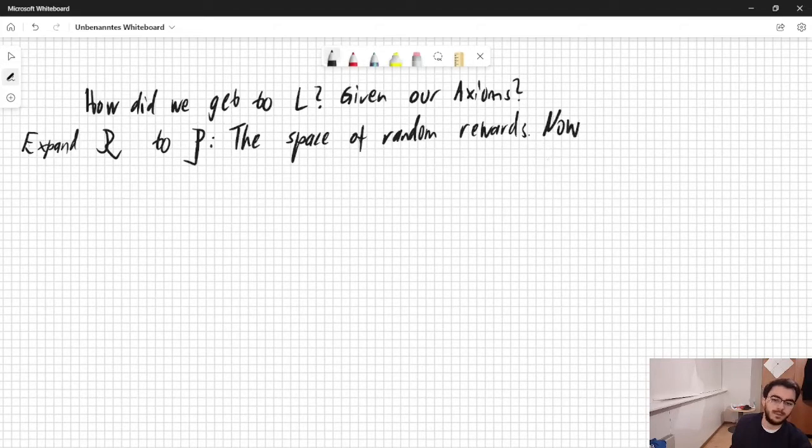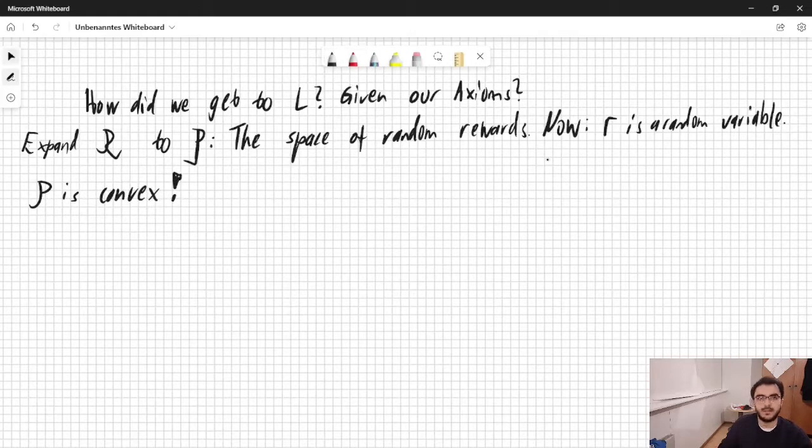Now, unless I state otherwise, we're looking at random variables. So if we look at any reward R, we're talking about a random variable. This has an interesting consequence: P is convex. And that's very, very useful. So why is P convex? We define the convex combinations of two rewards.